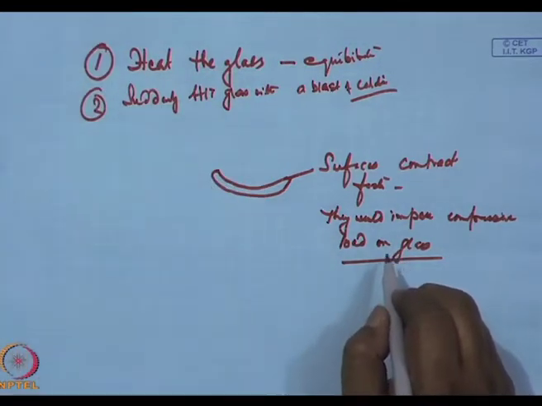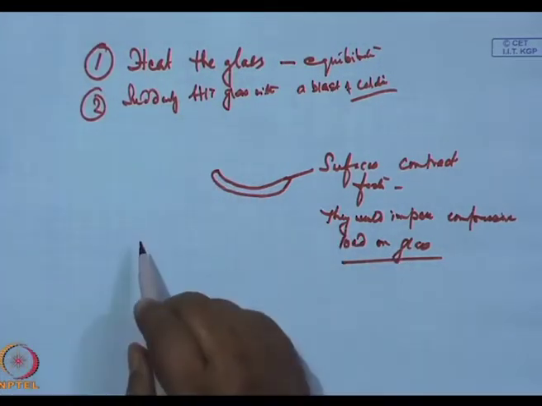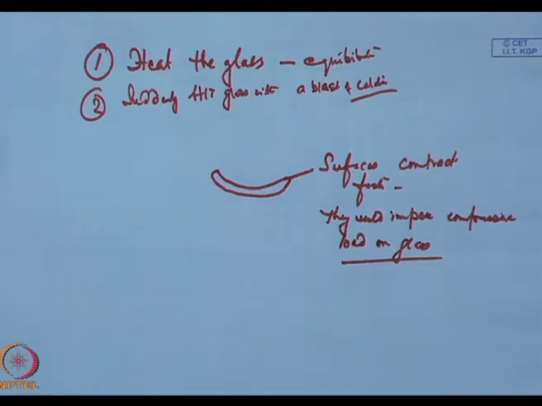So, if there is a compressive load on this glass, again for the flaw to initiate and propagate, the compressive forces force the flaw to join together.